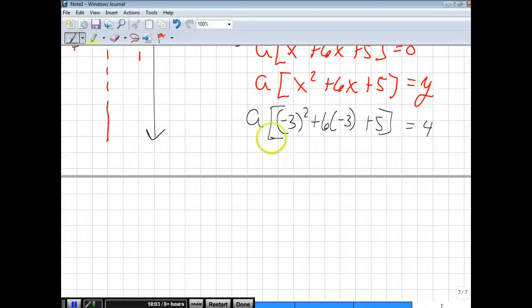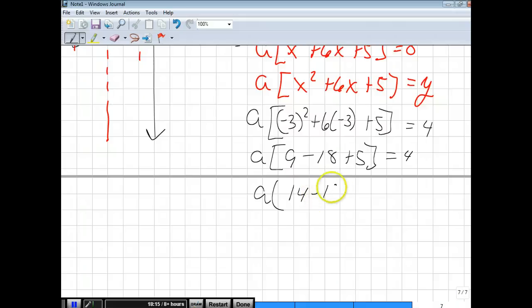Now we can solve for A. So we get 9 minus 18 plus 5 equals 4. So we get 14 minus 18 equals 4. So we get -4A equals 4. So A equals -1.